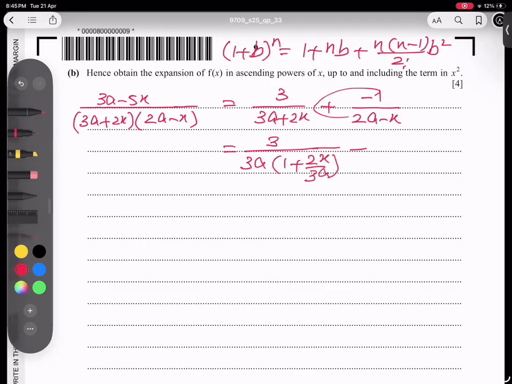Same story, this negative into positive gives negative. And I'm writing now here, same, 2a common out. I get 1 minus x over 2a. So I hope this part is very clear.